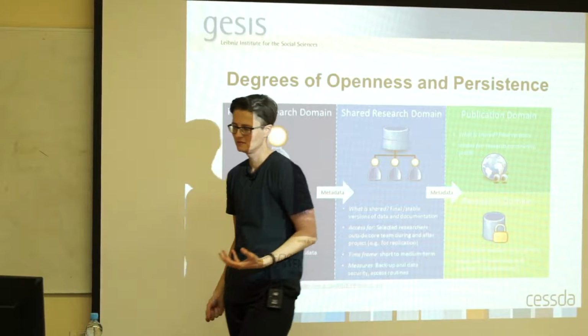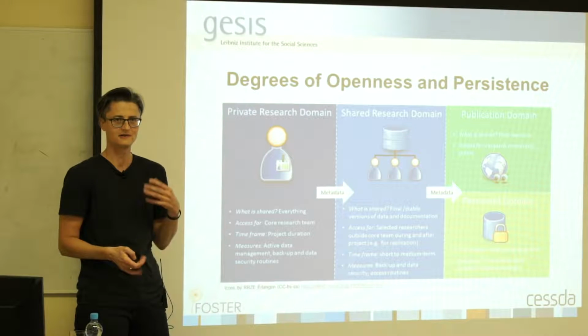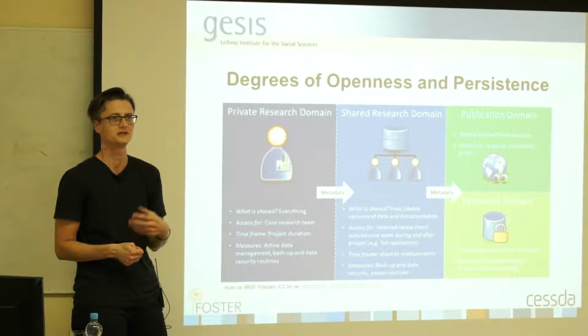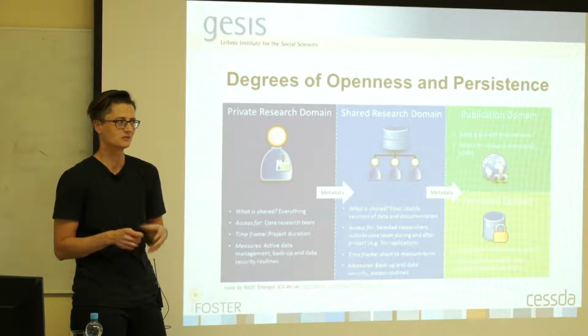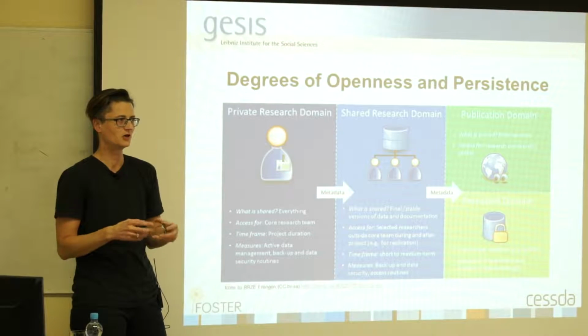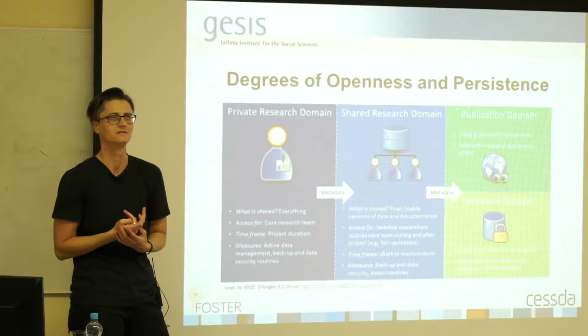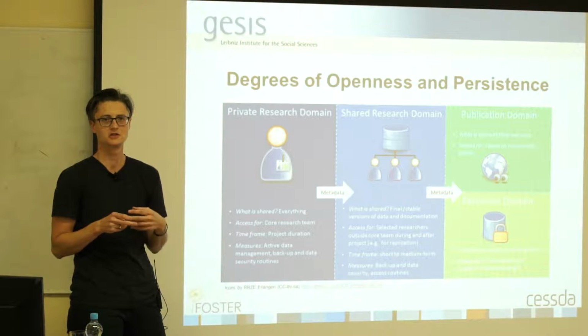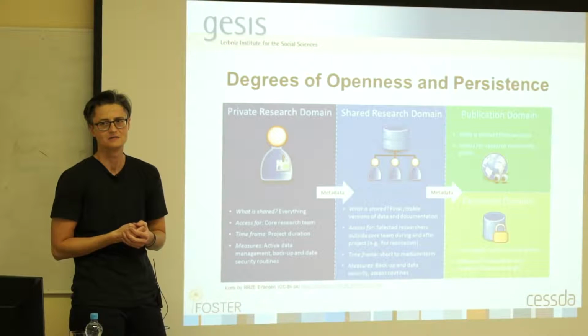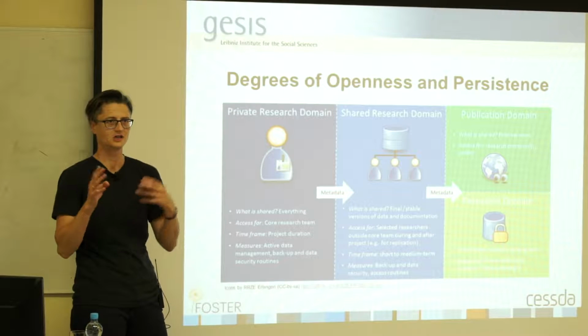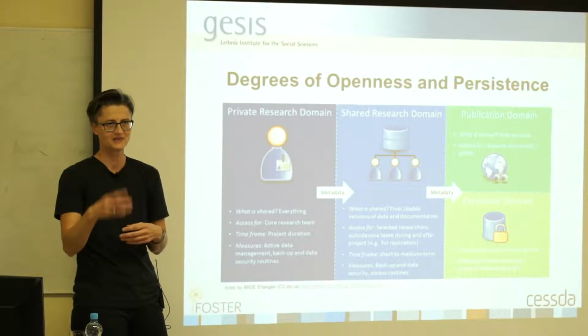And in the publication domain, what you have is basically final versions of your data. This is the end product that you share, and that usually is not going to change very much, unless you have a longitudinal project where updates are being made.